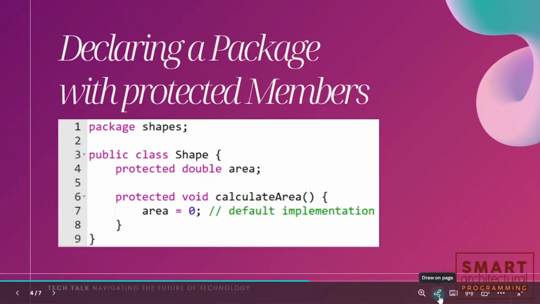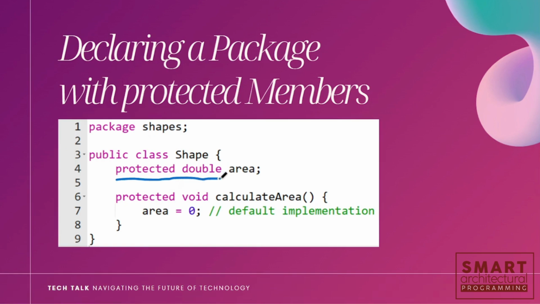Let me emphasize this a little more. Here we have the area field, which is protected, and this method that's protected as well. These two can be accessed by any class in shapes or subclasses anywhere, right?